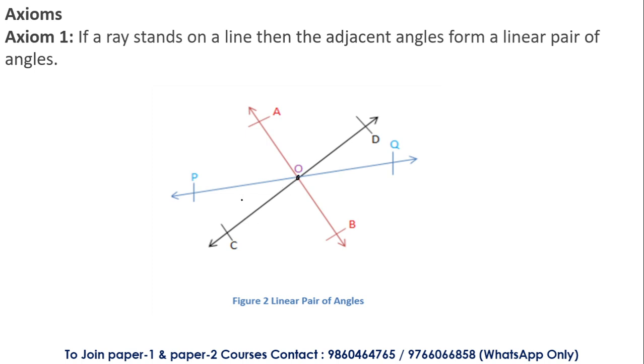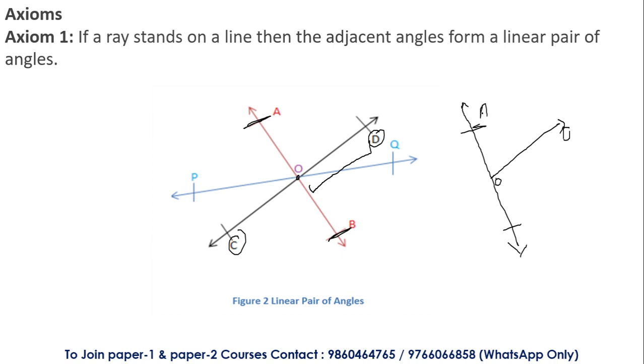Let's consider this particular AB as a segment. On this AB segment, due to the intersection of OD, a small part of the complete line segment CD, certain angles are formed.